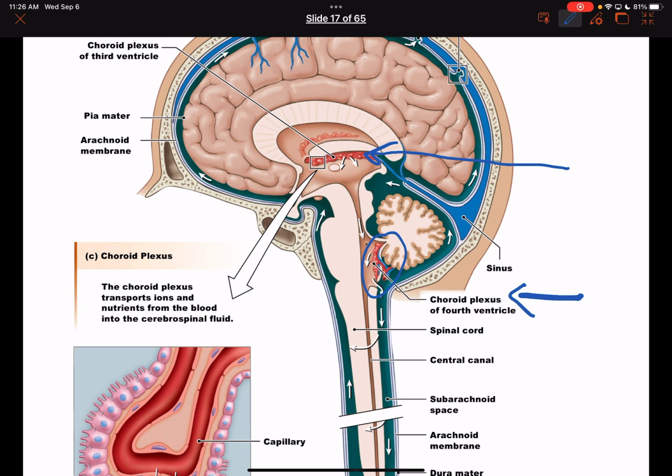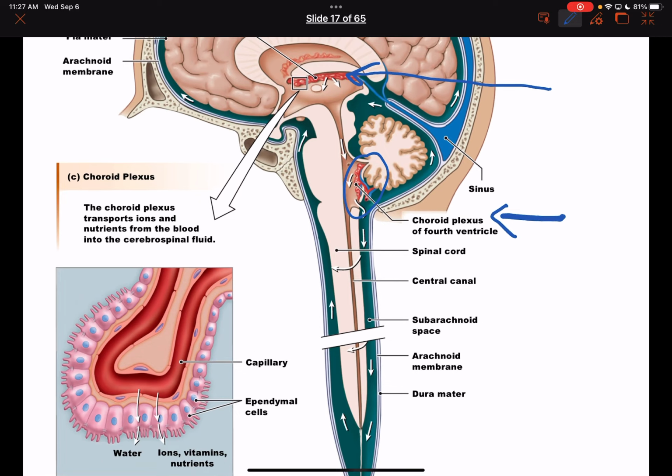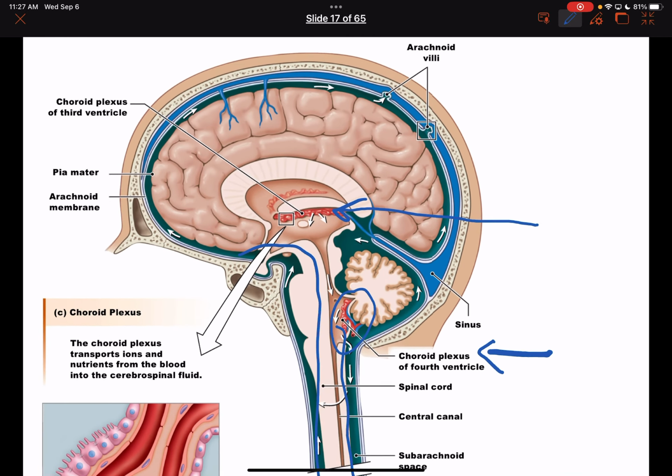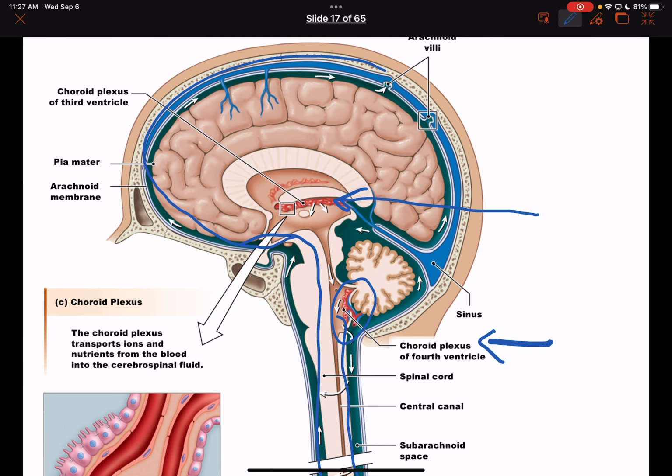You've got fourth ventricle, that choroid plexus making cerebral spinal fluid, and then it is just flowing down and around and up and through. But eventually we're going to need to remove it through the arachnoid villi because you don't want used cerebral spinal fluid to continue to flow around your brain because it's just going to have a lot of waste in it. So we've got to get rid of it.